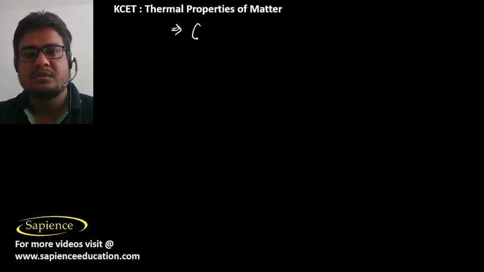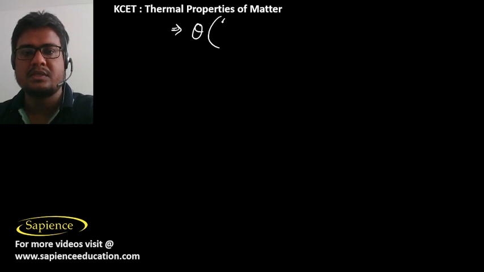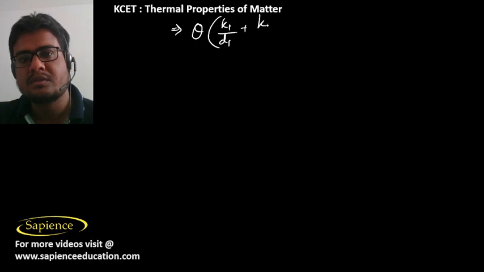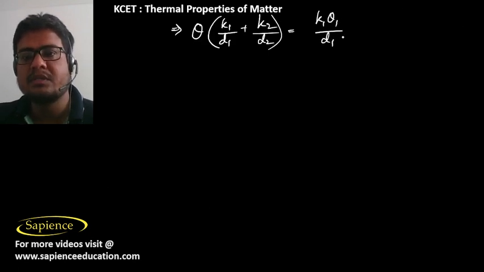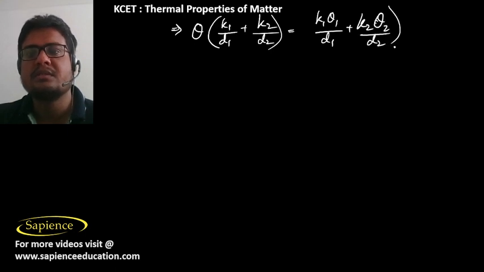So from here theta into (k1 by d1 plus k2 by d2) will be equal to k1 theta 1 by d1 plus k2 theta 2 by d2.